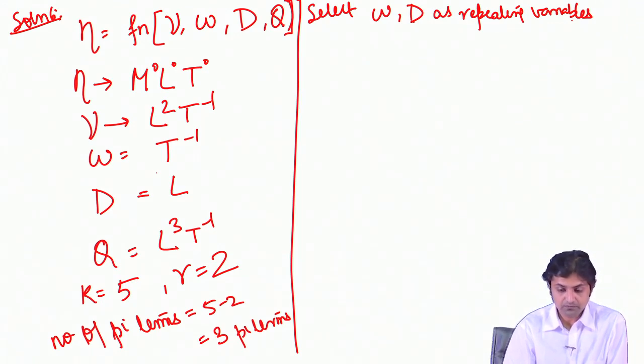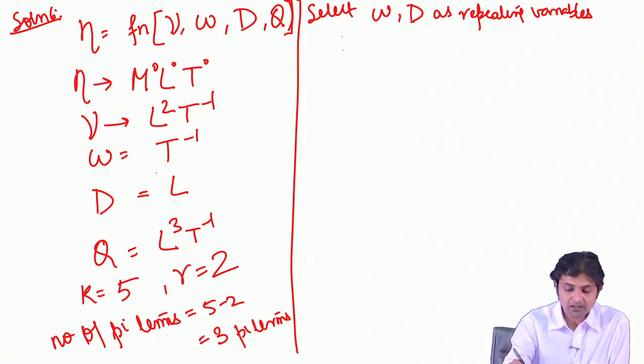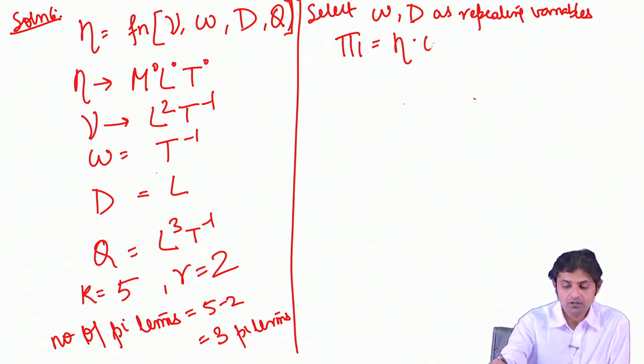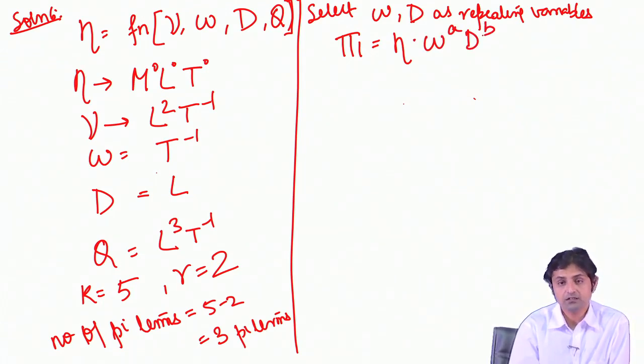All right. So, the first pi term is very obvious, correct. If we follow our regular procedure, what is the regular procedure? We multiply the first non-repeating variable with omega to the power a, d to the power b. All right.